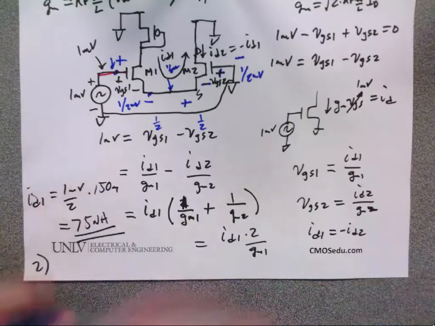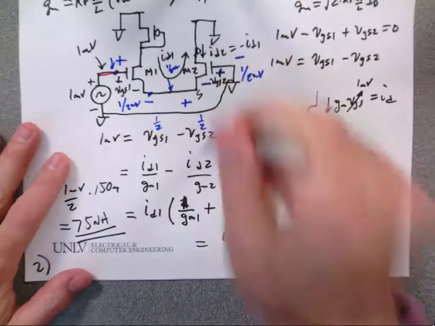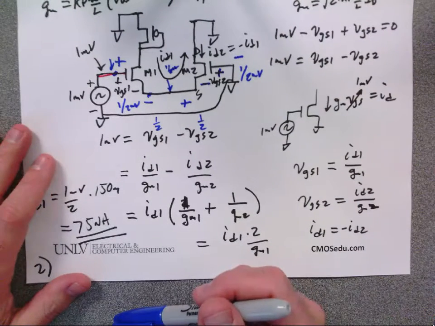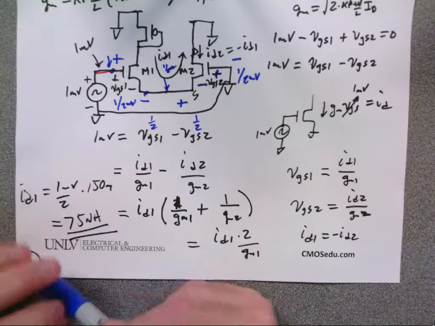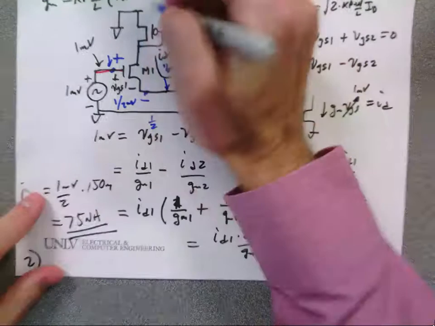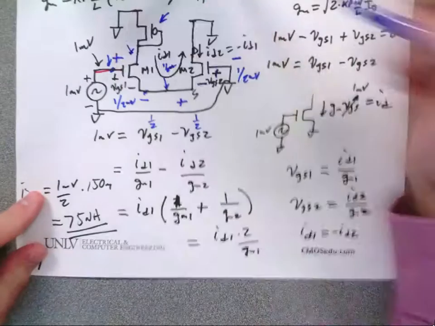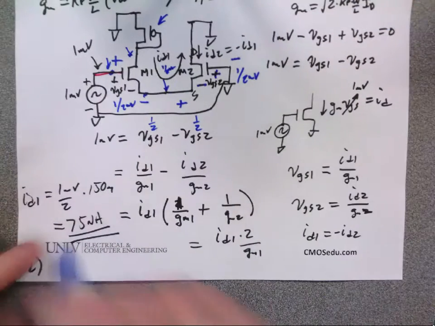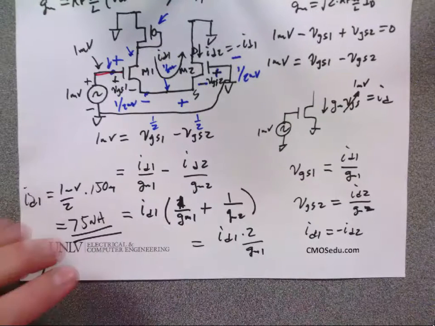Okay, so I want to go do this sim real quick and prove it. Then we'll come back and calculate the last AC voltage. Where's the only AC voltage we haven't calculated? This one, or this one, they're the same voltage. Does everybody agree? Okay, but let's go do the 75 nanoamps.